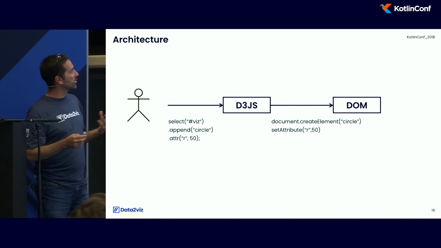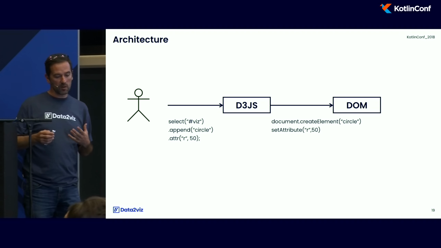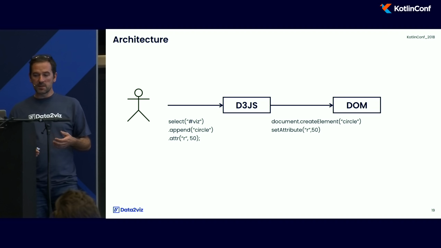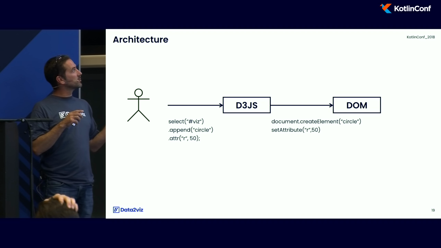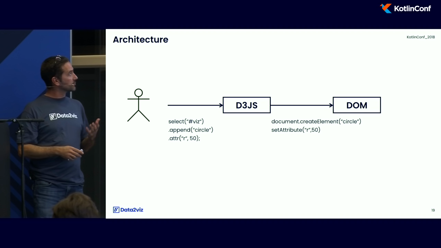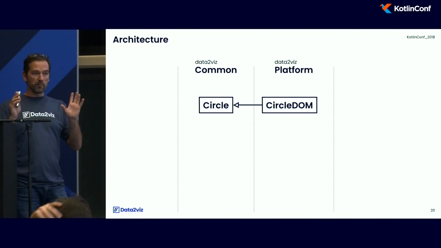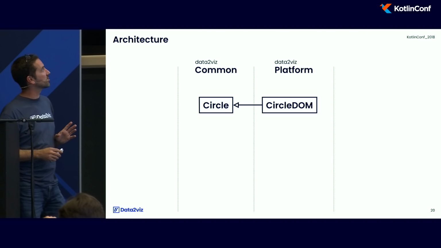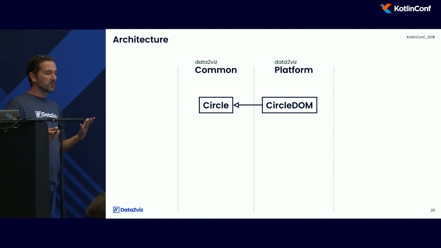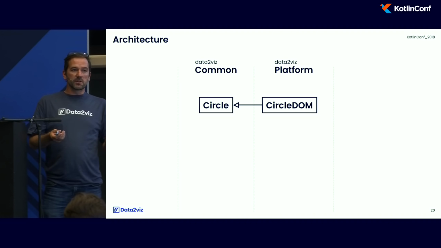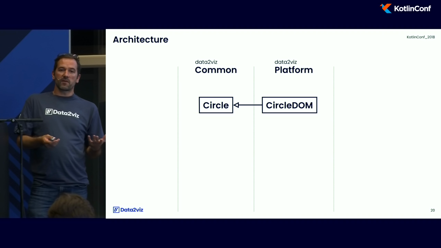So when we did the porting of the library, the first thing we did was to put some abstraction over it. We kept the mechanism, but we just put some abstraction over it. Because we think that when you use D3.js or a library like that, your goal is to create that visualization.